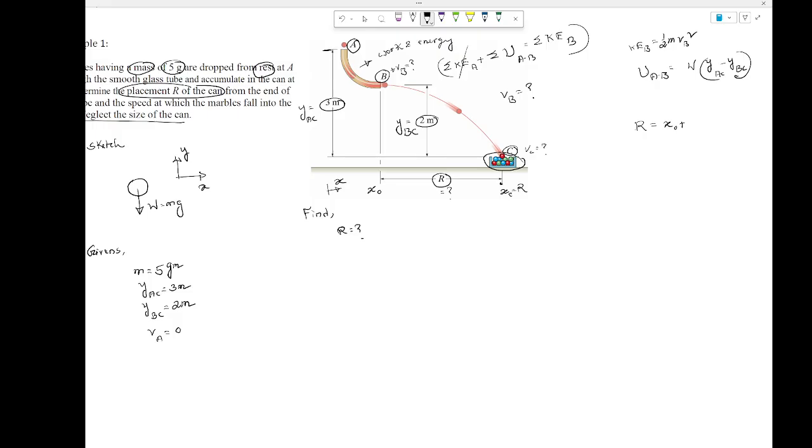So that is R, XC, and this x0 could be explained as XB. So basically, you can use this equation where you need to use this BV and then T.